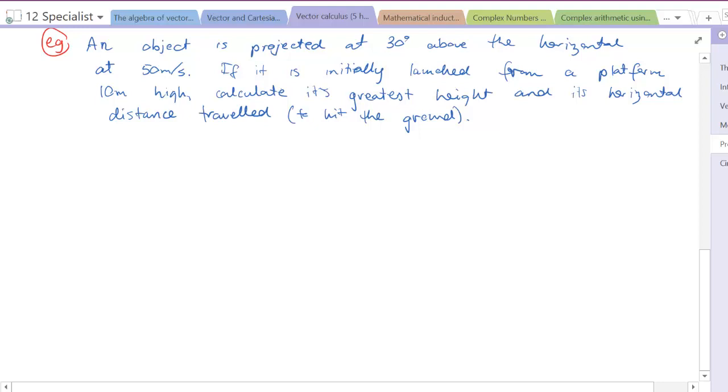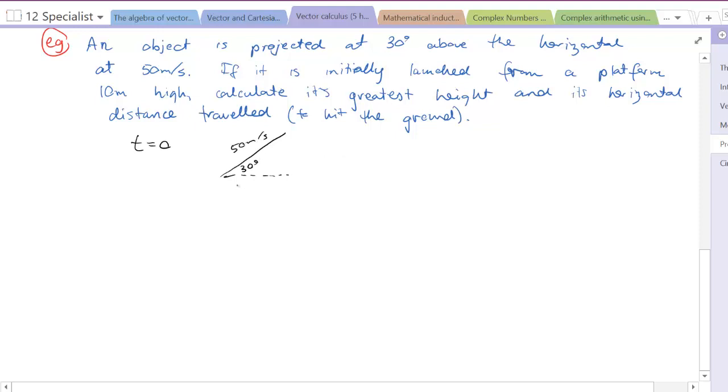With these projectile motion questions, before we do anything in terms of solving the actual question, we'll need to model acceleration, velocity, and position vectors. From the given information, we know that when t is equal to 0, the initial velocity is 30 degrees above the horizontal at 50 meters per second.